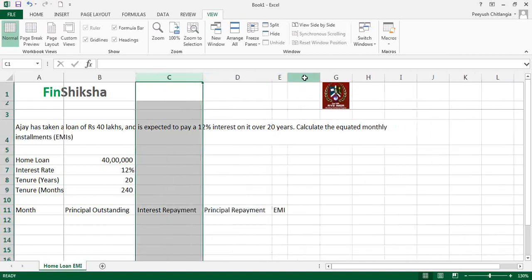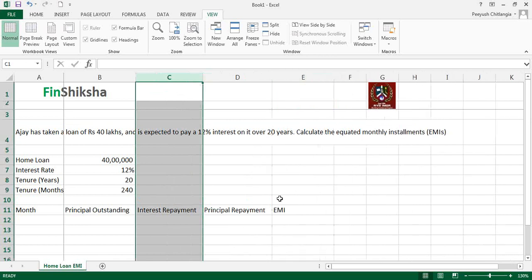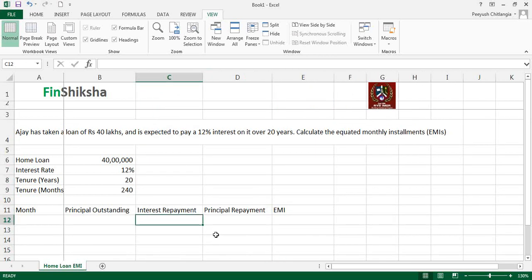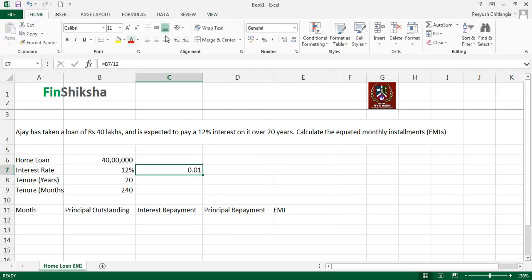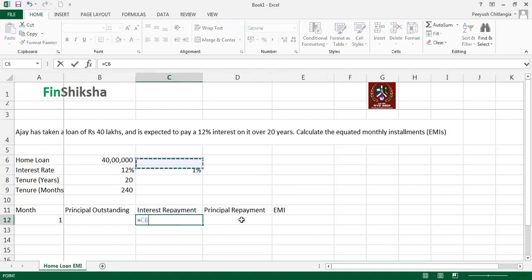Now let's take an example and try and understand how this works. What is going to be my monthly interest? If this is my annual interest rate, 12%, my monthly interest is going to be this divided by 12, which in percentage terms would be 1%. So in the first month, my interest repayment should be 40,000 into 1%.